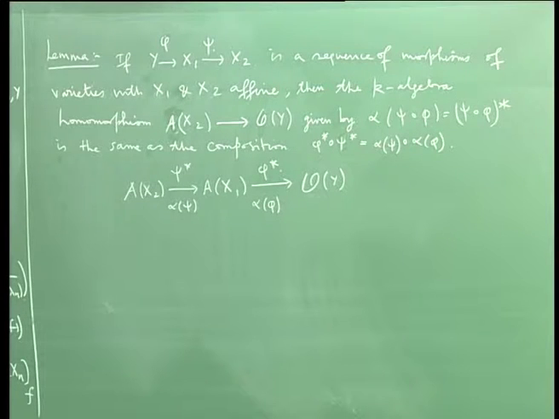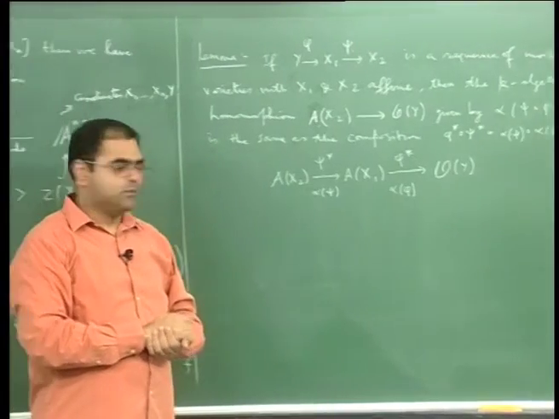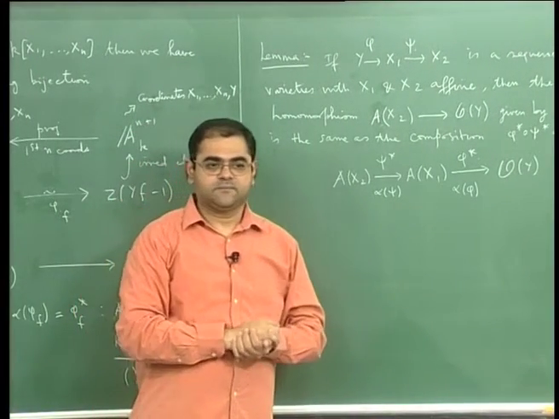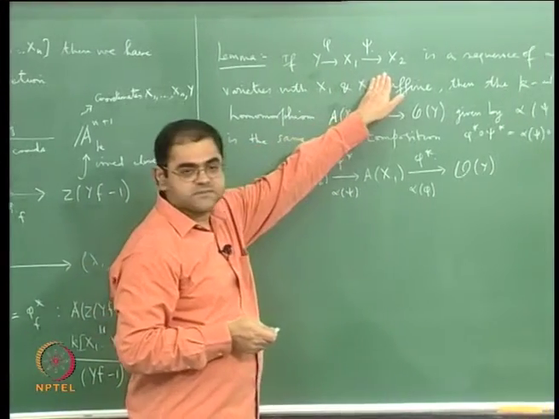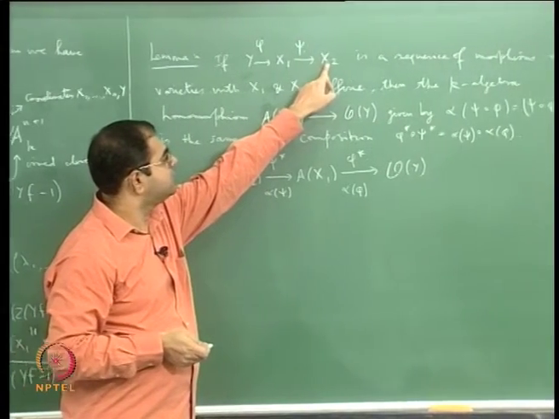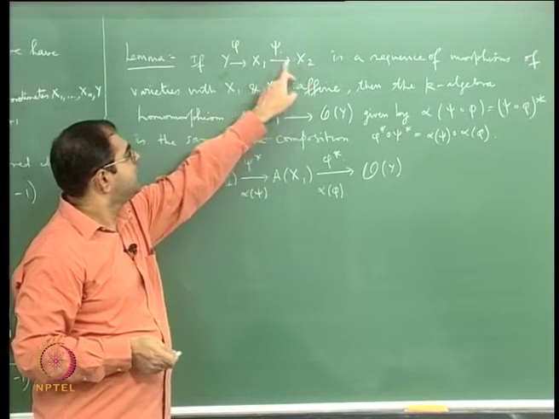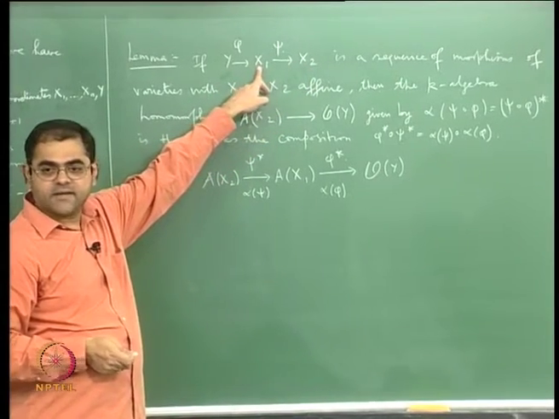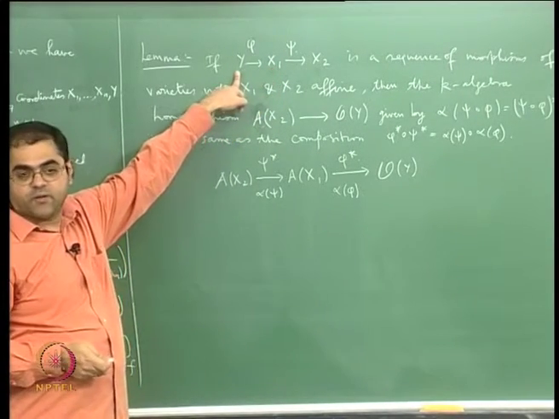This is functoriality. This looks a little long to write down, but all I'm saying is that the notion of pullback of maps is very functorial. If you have a composition of morphisms, pulling back a function on X2 all the way to Y is the same as first pulling it back to X1 via psi and then further pulling back the resulting function to Y via phi.